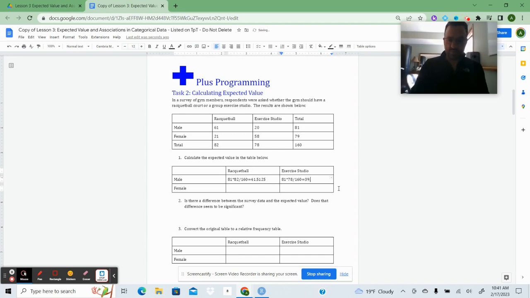And that gives us 39.4875. And then here, this would be for females, 79 times 82 divided by 160. And that gives us 40.4875. So here, this would be 79 times 78 divided by 160. And that gives us 38.5125.